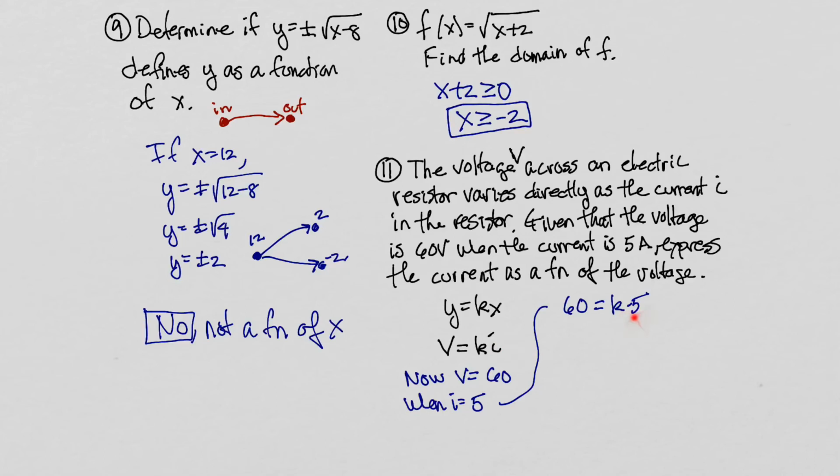And now let's just divide both sides by 5 and we will get k. We'll get k equals 12. So we can now say, let's go back here, here's our general variation equation, V equals kI, and now we have a specific value for k. So now we're going to say that V equals 12I.